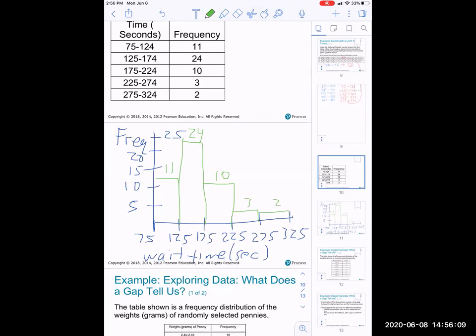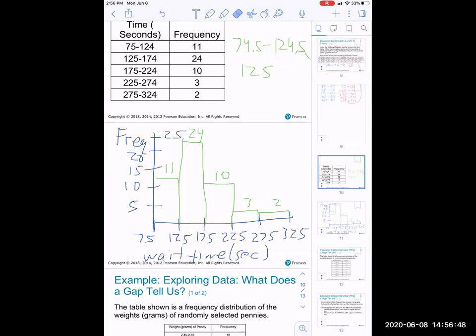Now, when you read the Triola book, he will not make the classes like this. He'll do something different. He'll use the class midpoints. He would do in his histogram, I'll show it up here, 74.5 to 124.5. That would be instead of the 75 and the 125. He does that because if you have a data value of 125, we know it falls to the right.